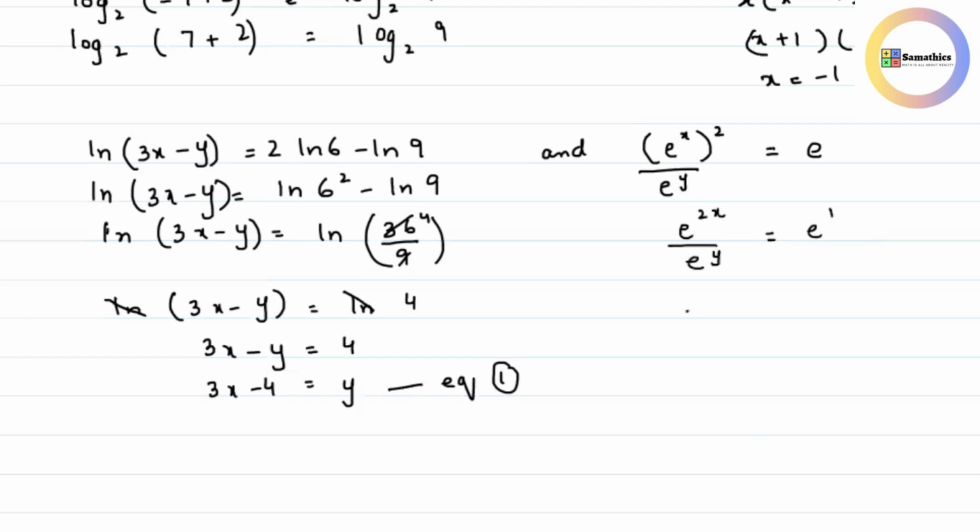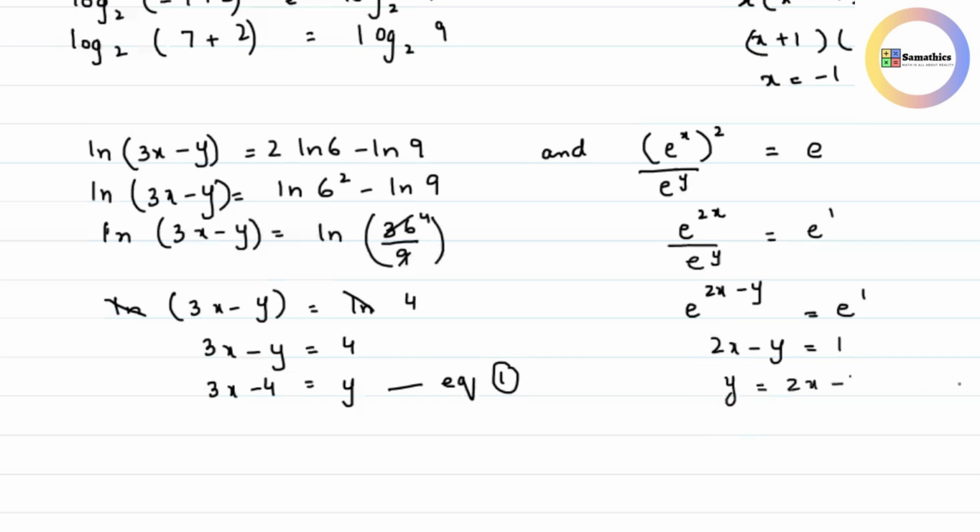Then we'll write e to the power 2x minus y. When this goes to the numerator, it becomes minus y. So we have the same bases, so we can equate the powers. So we can write 2x minus y is equal to 1. So y is equal to 2x minus 1.